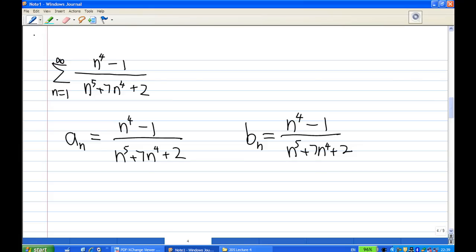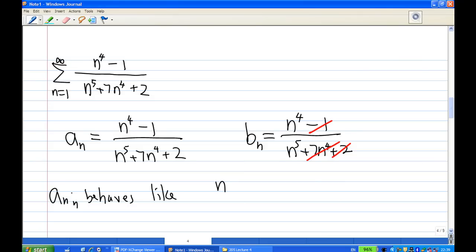I can throw away the 1, because 1 is nothing compared to n^4, and throw away the 2. Then I compare n^5 and 7n^4. I know n^4 is much less than n^5 when n becomes large, so I can throw away the 7n^4. Eventually, I can say that an behaves like bn.